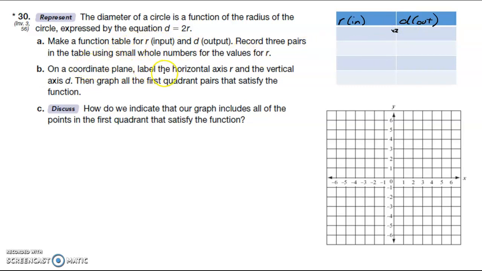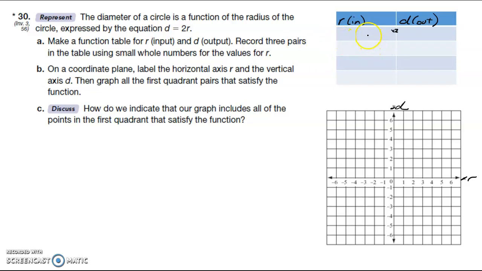It says on a coordinate plane, label the axes r and d. So r is the x-axis and d is the y-axis. Record 3 values. Okay, so one of the things we know is that we can't have negative values for the radius of a circle, because what would that circle look like?